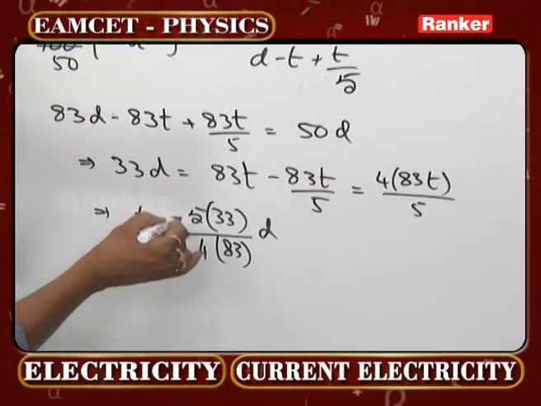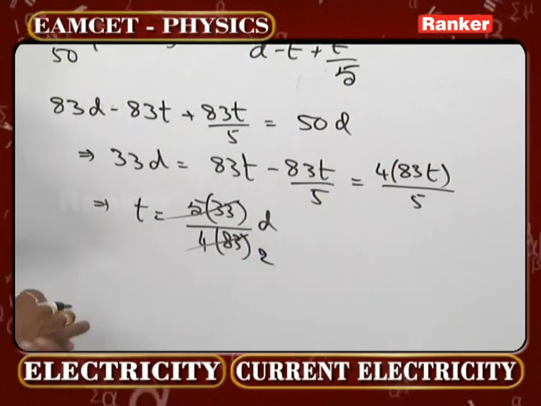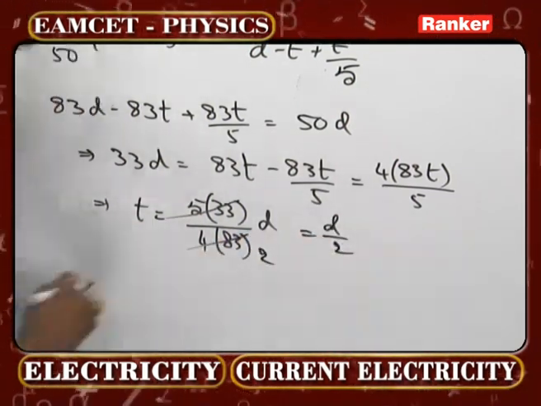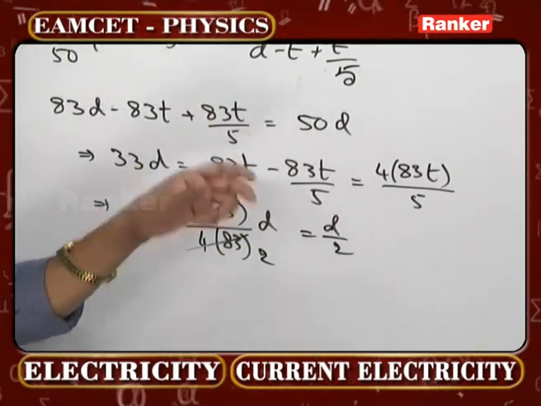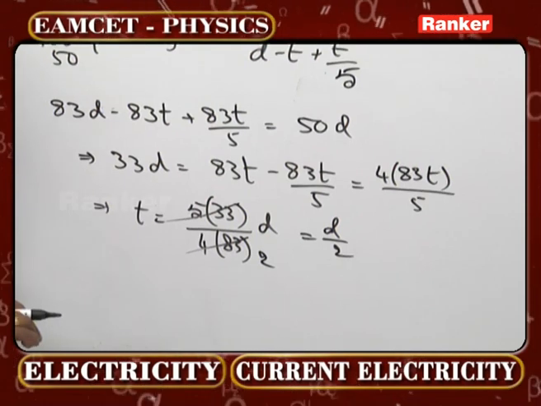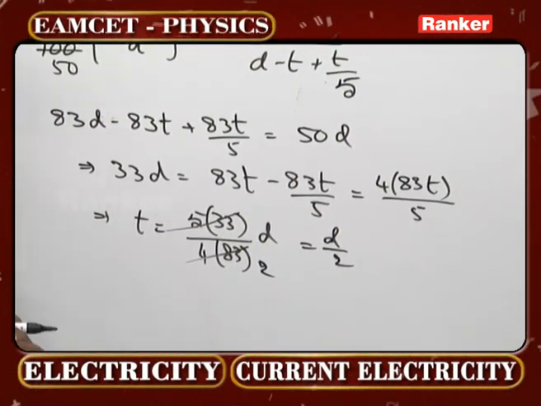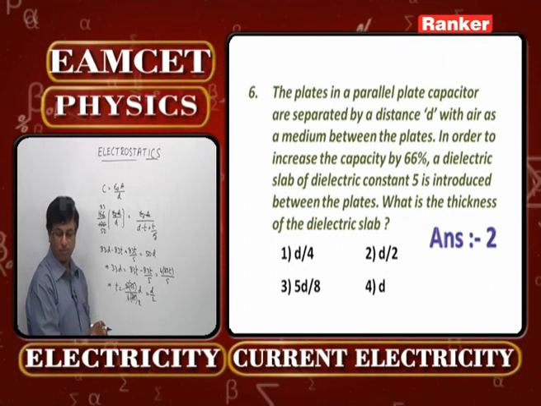If you carefully observe these two products, this goes nearly 2 times. So the ultimate value is D by 2, which must be the thickness of that dielectric slab introduced between the plates of this condenser. That means the option must be the second option, D by 2. That is for problem number 6.